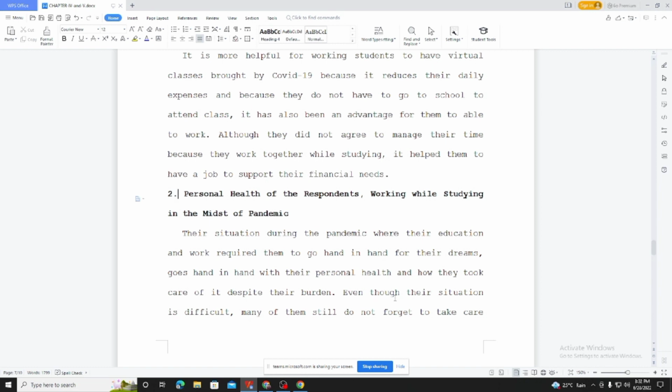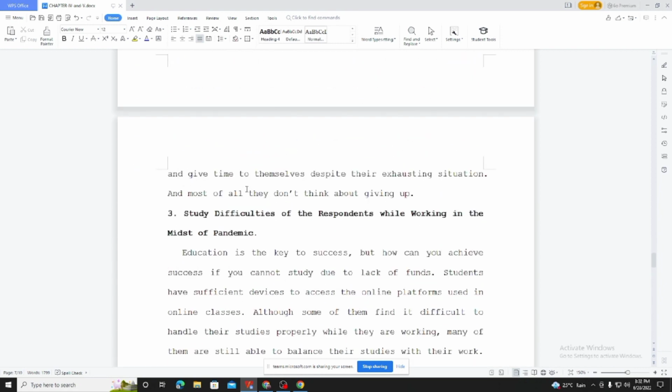Even though their situation is difficult, many of them still do not forget to take care and give time to themselves. Despite their difficult situation, and most of all, they don't think about giving up.